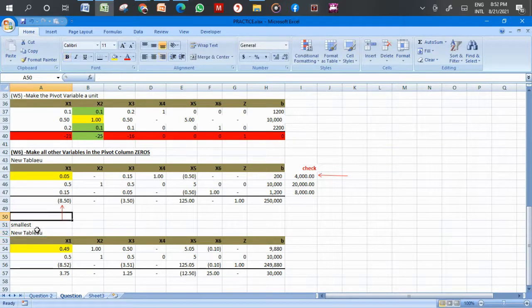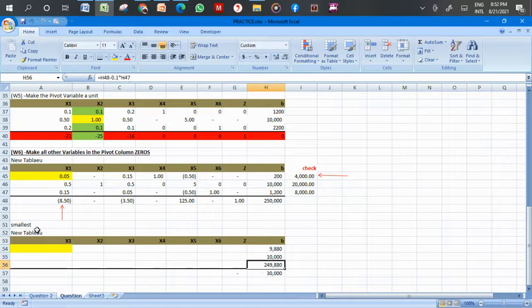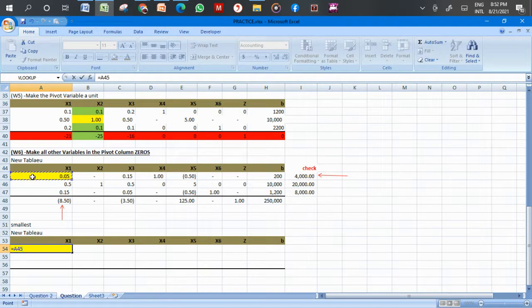We have to make the pivot variable a unit, and after making it a unit, all other variables in the pivot column should be zeros. So now we are going to have only the final table U here. In order to make the pivot variable unit, is this one, isn't it?